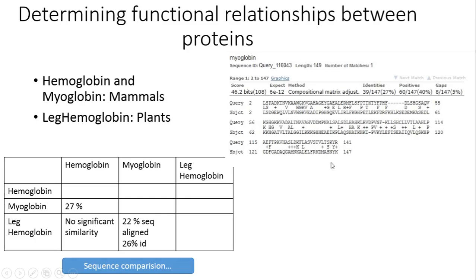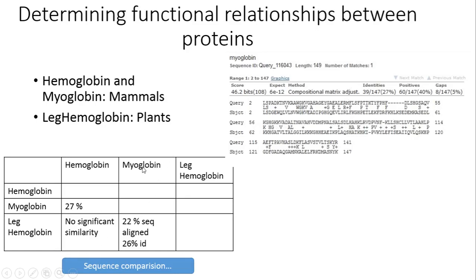That was not the case for myoglobin and leg hemoglobin. Myoglobin and leg hemoglobin were aligned only over 22%. That means the entire sequence was not aligned, but only a small stretch of the two sequences.